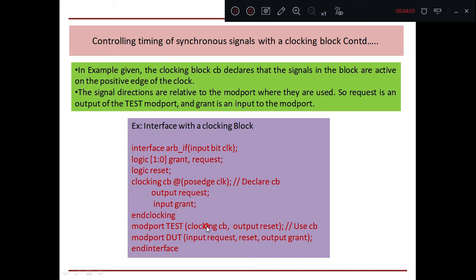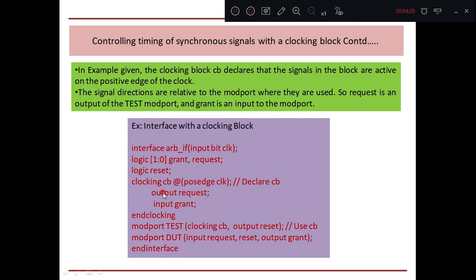These two are treated as synchronous signals by the test. Therefore, it is directly used as clocking CB and output reset. In CB, we have request and grant, and the test treats these two signals as synchronous. Next, modport DUT: input request, reset and output grant signal, and it is the end of the interface.